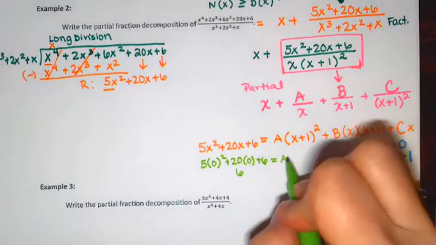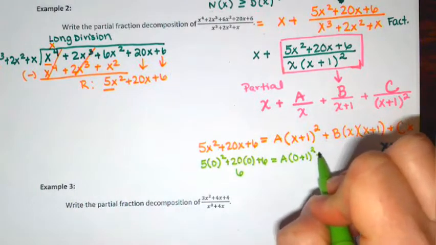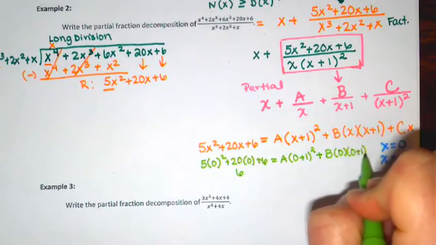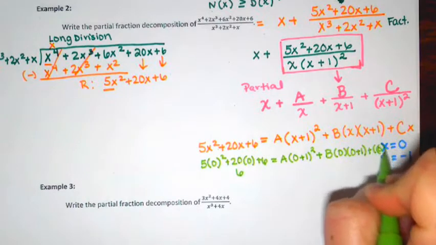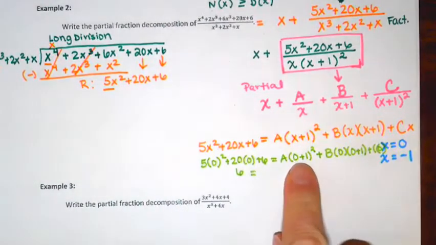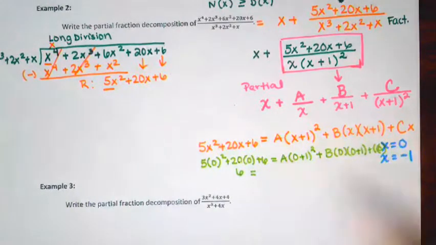So a times 0 plus 1 squared plus b times 0 plus 1 plus c times 0. What's 0 plus 1? 1. Squared is 1, times a is a.